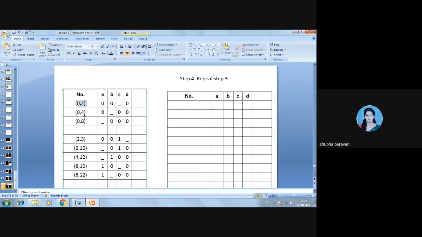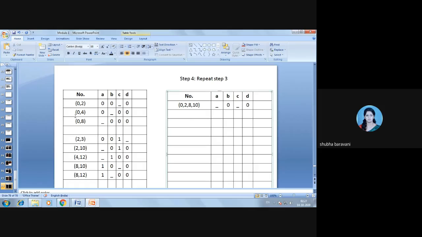Now see, I'll compare 0, 2 with 2, 3. Only one state change has to be there, huh? So 0, 2 with 2, 3, it's not possible. 0, 2 is directly possible with 8, 10. 0, 2, 8, 10 is don't care. 0, don't care. 0.